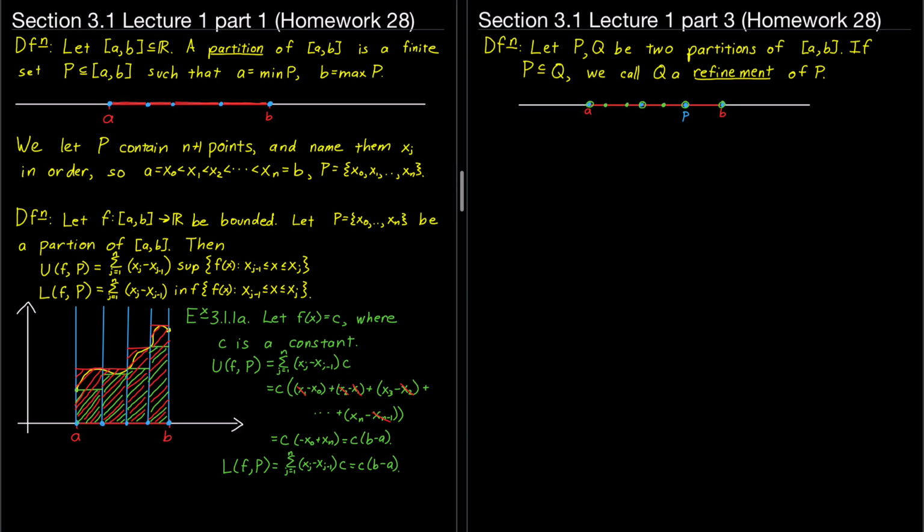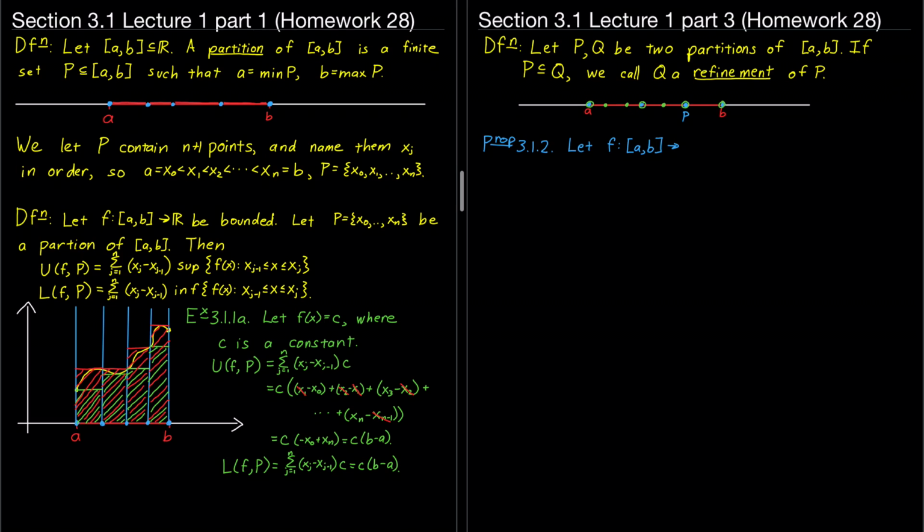So now we're going to prove proposition 3.1.2 in your book. Your book breaks this up into 3 pieces. I think it needs to be more like 7 pieces, so this is going to have a lot of parts. So let's let f be a function defined on a closed bounded interval.